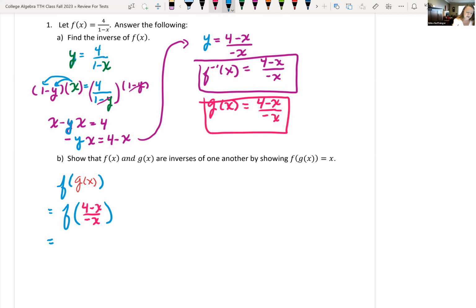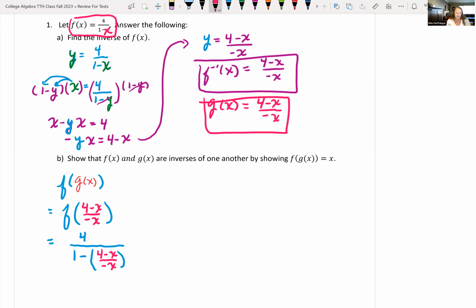And wherever we see an x in that equation, we're going to replace it with g of x. So doing so, we would have 4 in our denominator, all divided by 1 minus, I see an x there. So we're going to replace it with the inverse function, which was 4 minus x divided by negative x.